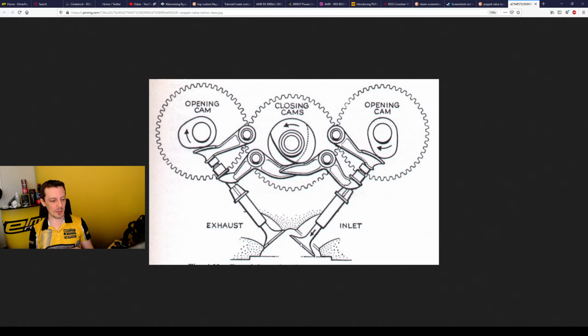So poppet valves are these cylinders with a disc on the end, basically, and you seal at the edge of the valve here. Typically they will be round, but we already had an excellent question here by Joseph Caracal: do they have to be round? I don't think all poppet valves actually are round.